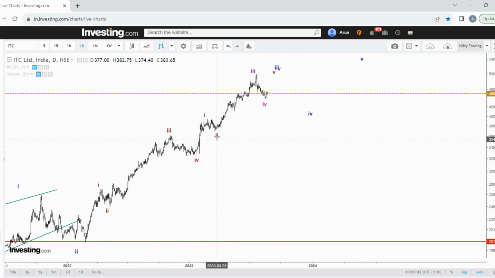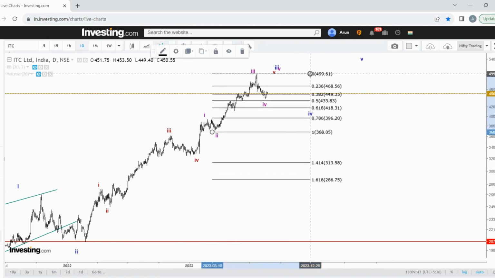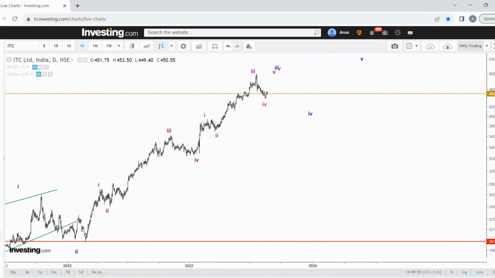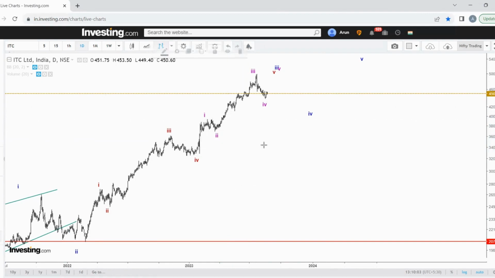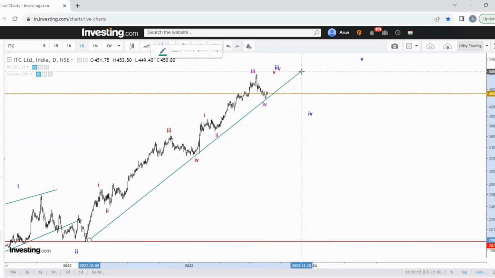So wave 4 will retrace 38 to 50%. Yes, it came below 38% because wave 2 is not deep. It reached only 38%. So yes, we have an option here, and also on channel support.